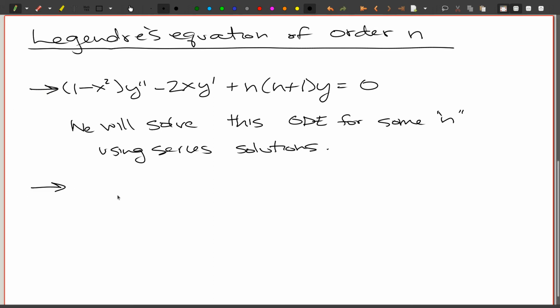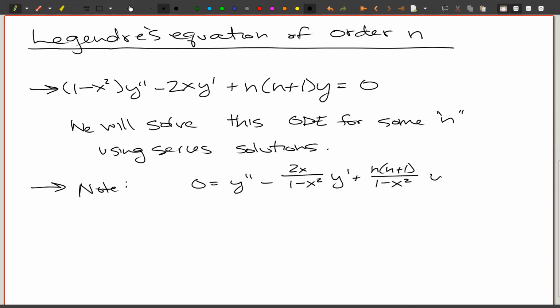Note that we could rewrite it as 0 equal to y double prime minus 2x over (1 minus x squared) y prime plus n times (n plus 1) over (1 minus x squared) y.